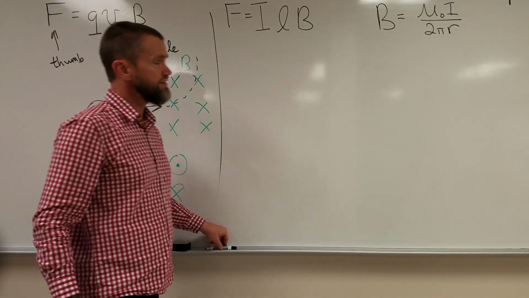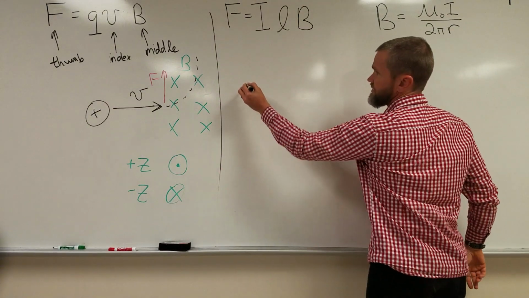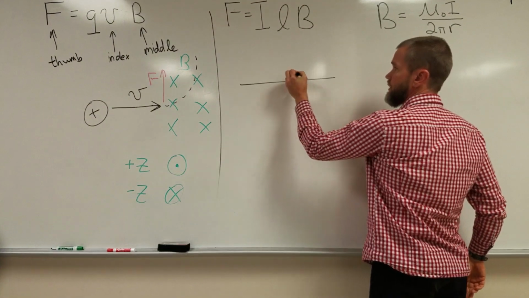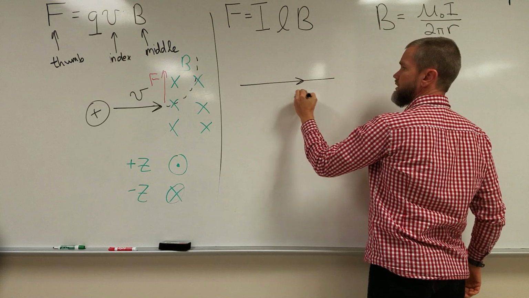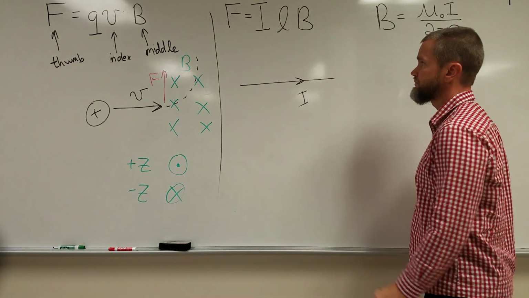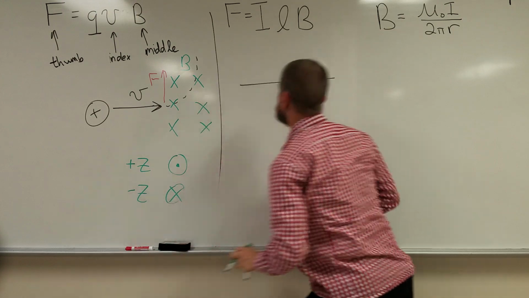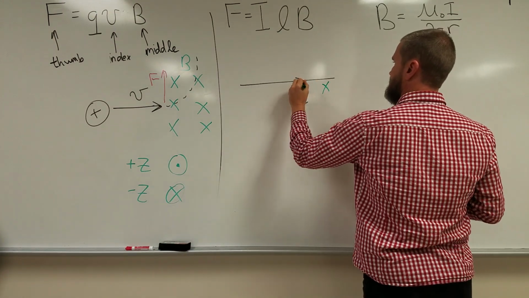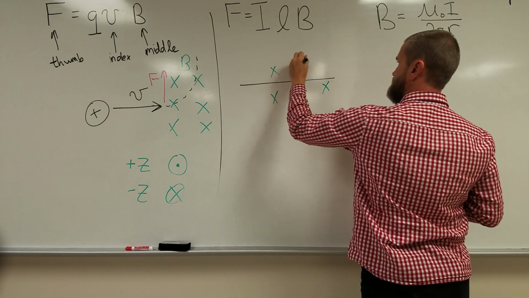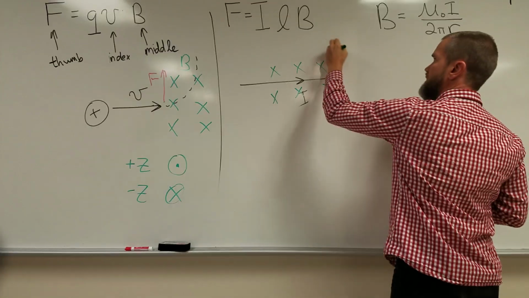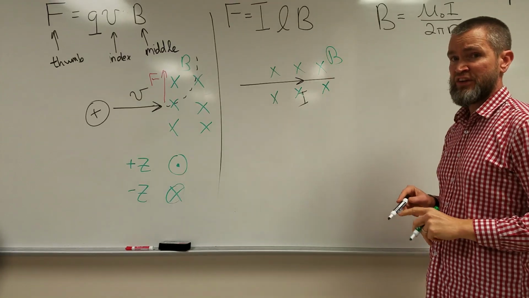The second application is ILB, where I have a current going in a certain direction. Let's say there is a magnetic field that is into the page. That's my magnetic field, and I want to figure out the force.